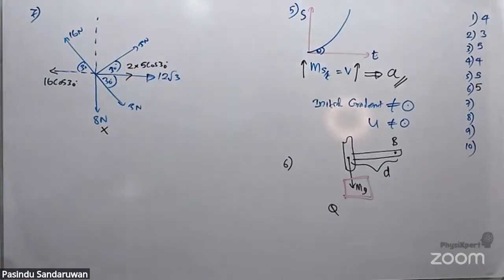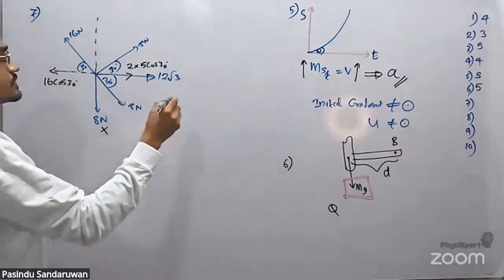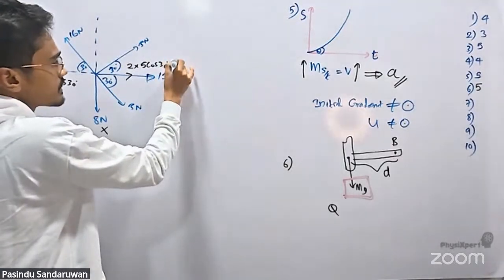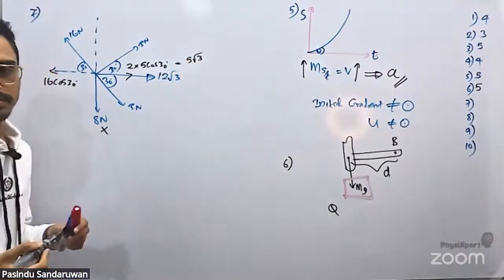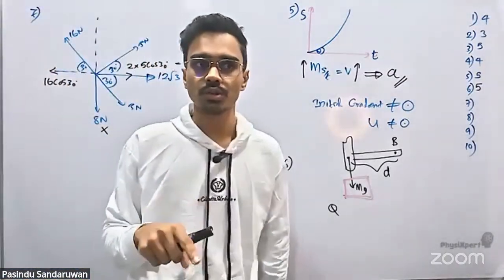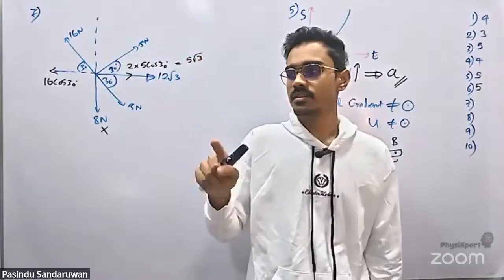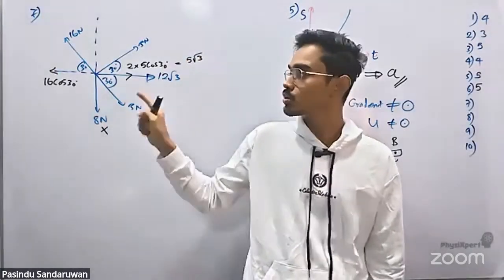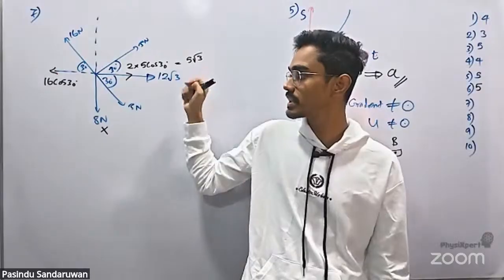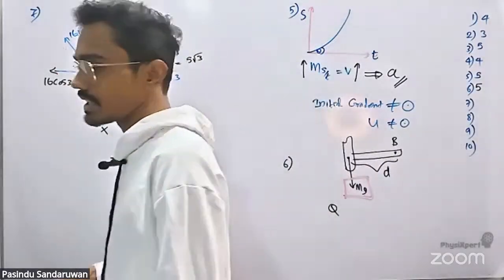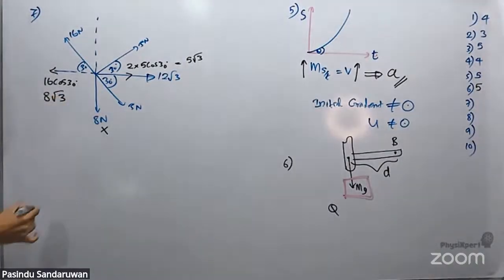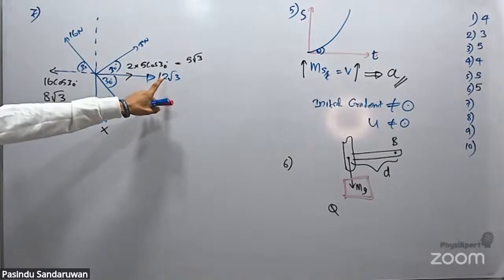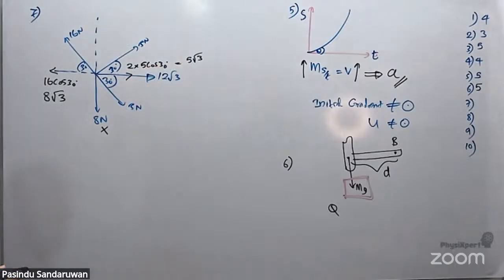Now, you can dissolve them. 2 times 5 cos 30 means 5 root 3, because cos 30 is root 3 over 2. This is 2 times 5 times root 3 over 2. 2 and 2 cancel, so that is 5 root 3. And 16 cos 30 means 8 root 3. Then in this direction we have 12 plus 5, 17 root 3.